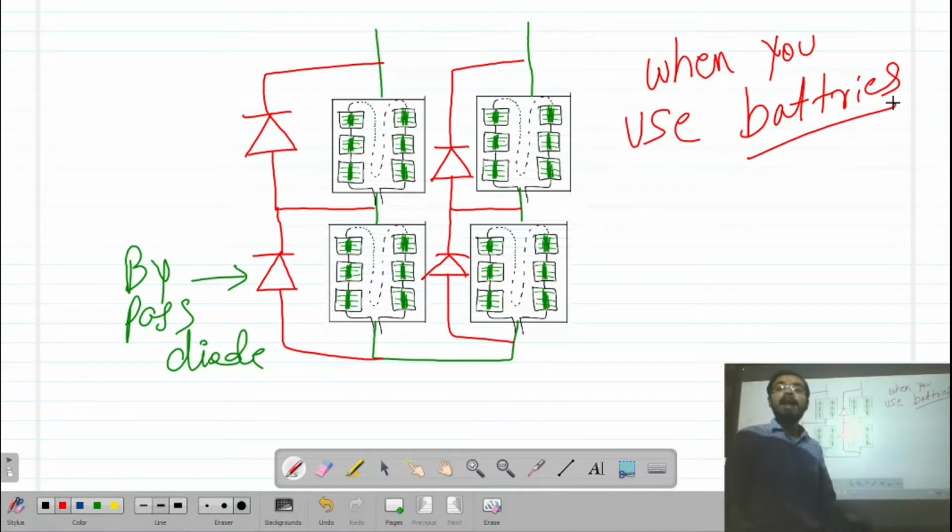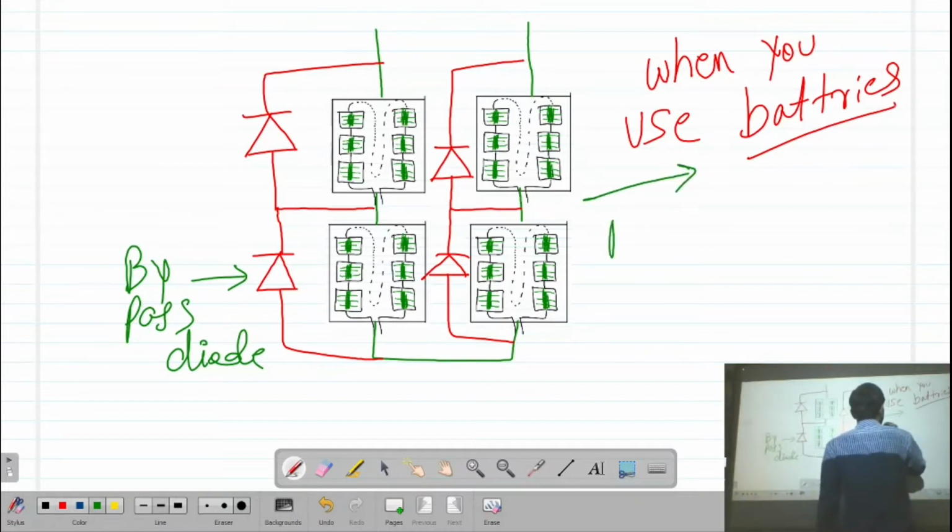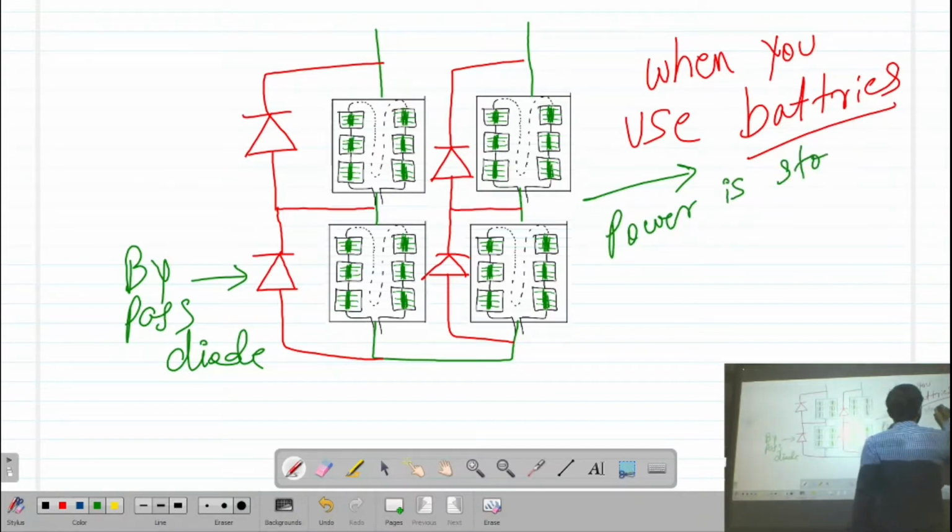In the daytime, photovoltaic modules will generate power in the form of voltage and current, and that power is stored in batteries, right?